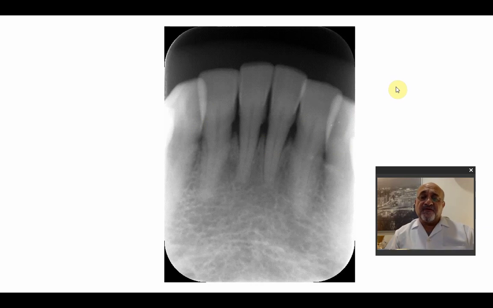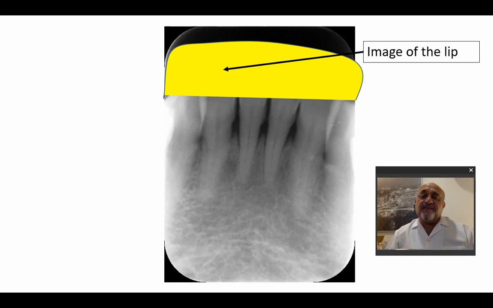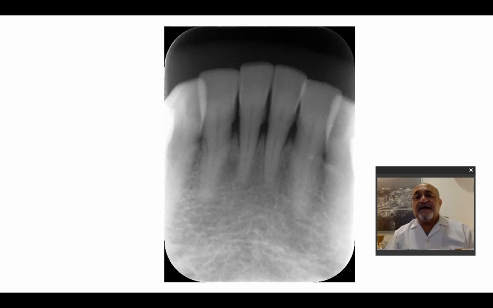In this radiograph, starting from the top, we want to see the effect of the shadow of the image of the lip, as was in the anterior teeth. The problem here is that you always see a line. See this line over here that is covering, starting from here all the way.